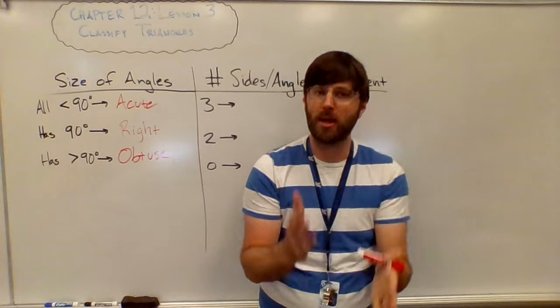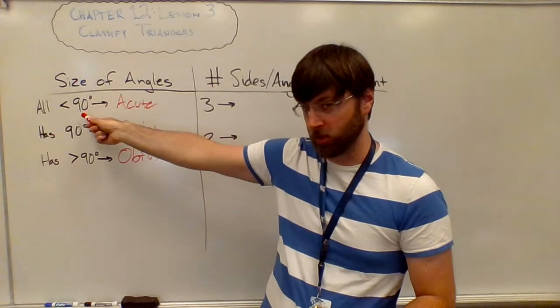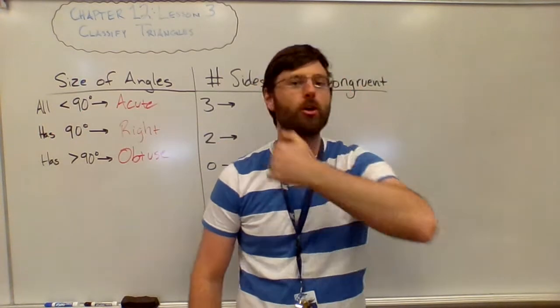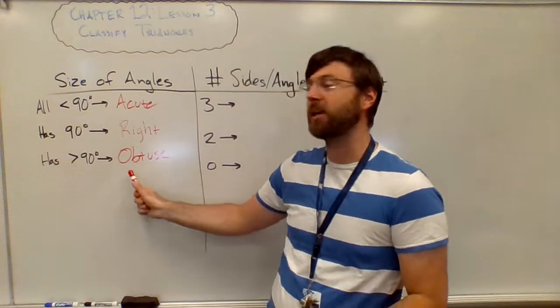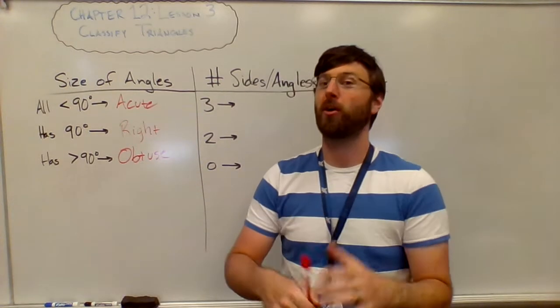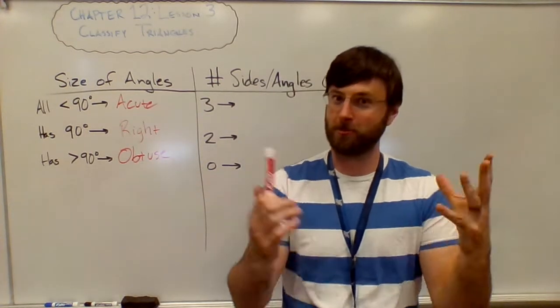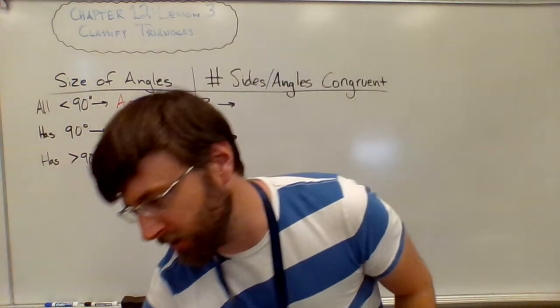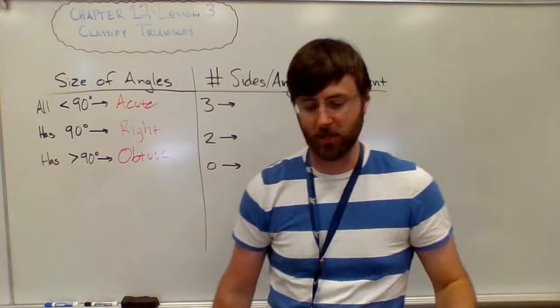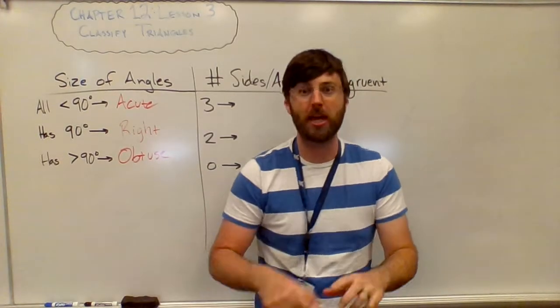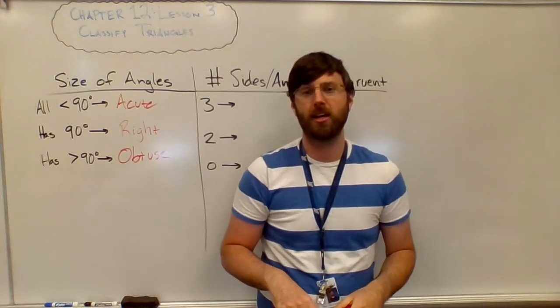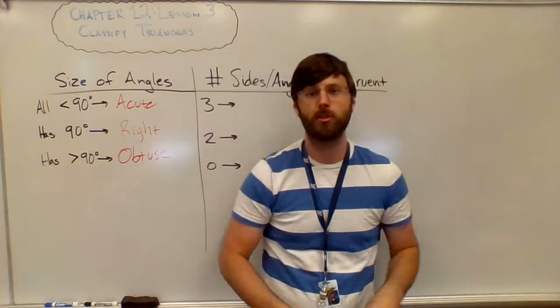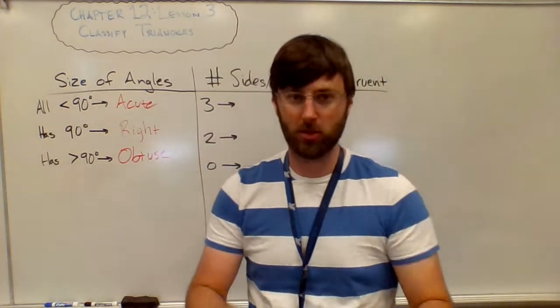I'm emphasizing that all of them have to be acute for it to be an acute triangle, because in every right and obtuse triangle, there are also 2 acute angles. If you sketch any triangle, at least 2 of the angles will always be acute, so it's that 3rd angle that matters.